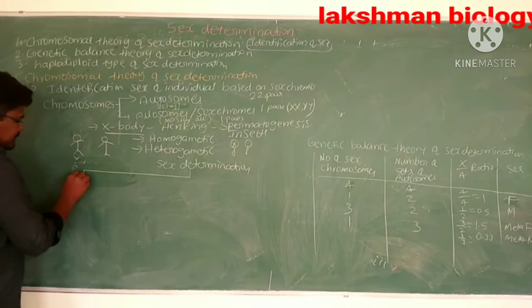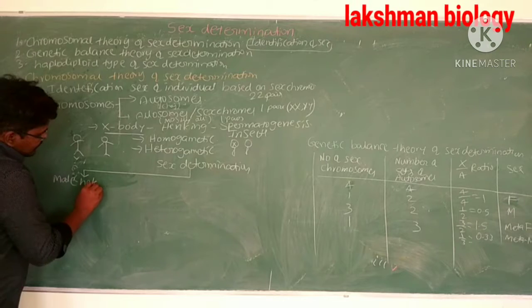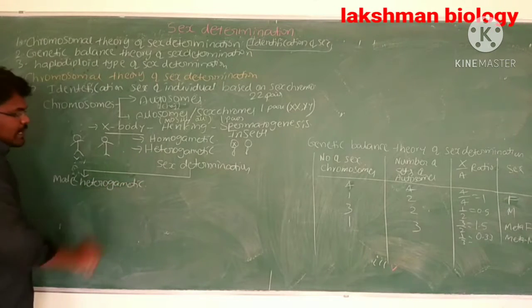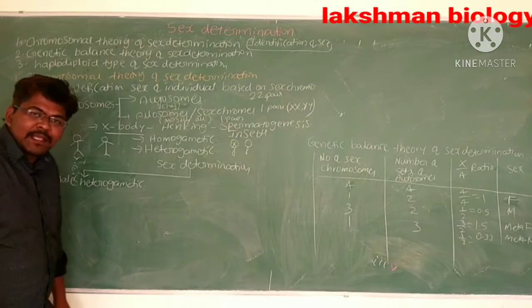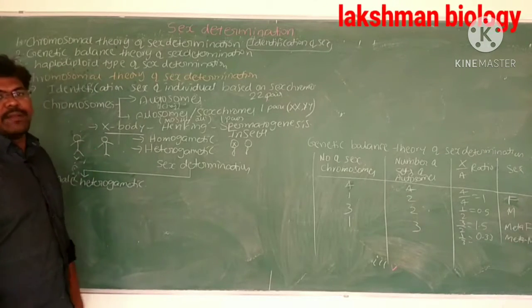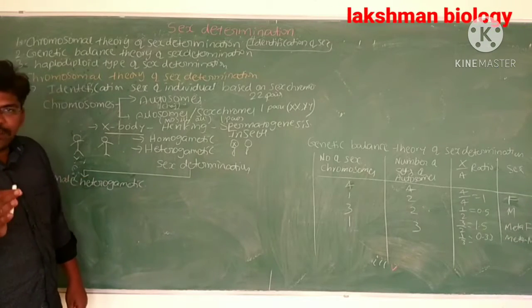The first is male heterogamatic. In male heterogamatic sex determination, the male produces heterogametes and the female produces homogametes. The male is heterogamatic and the female is homogamatic.